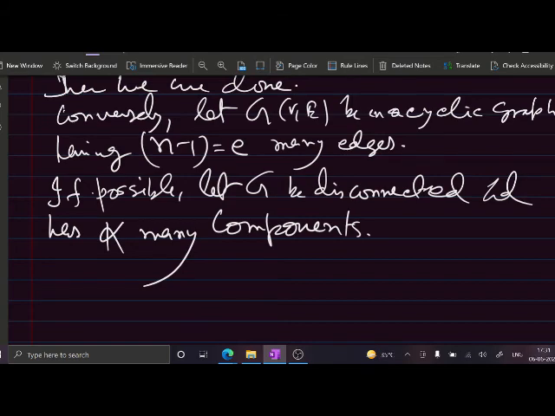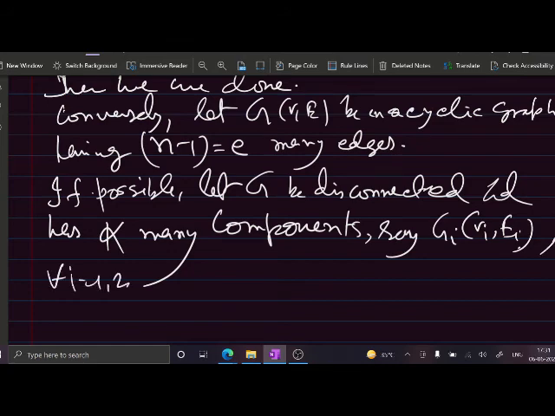Suppose the components are Gi(Vi, Ei), for all i equal to 1 to k.